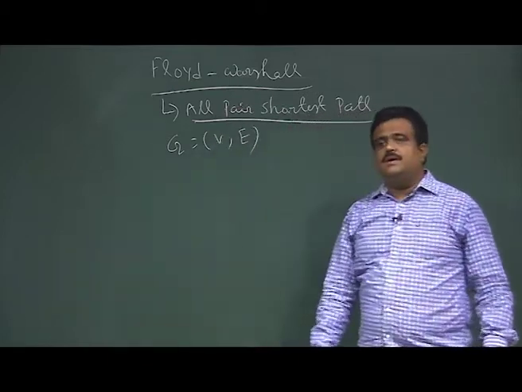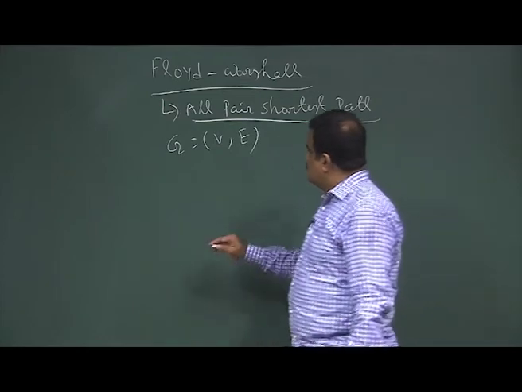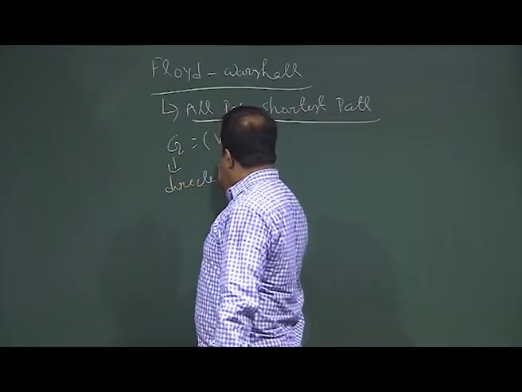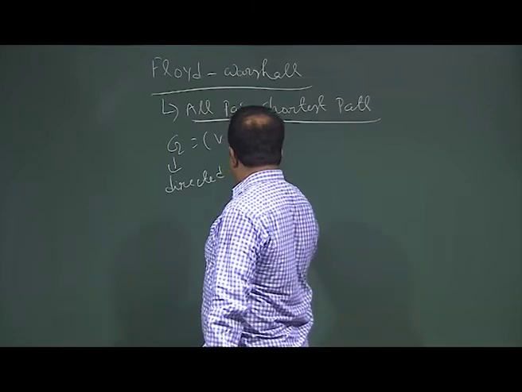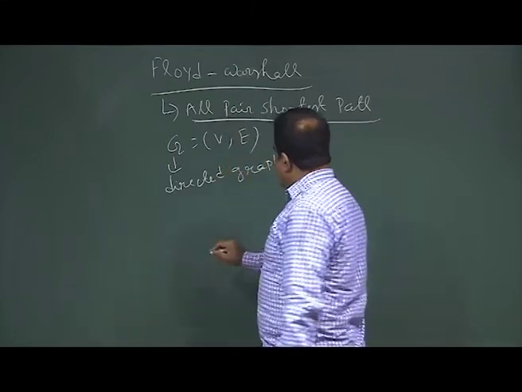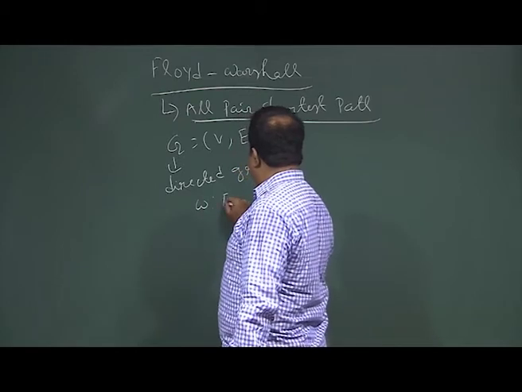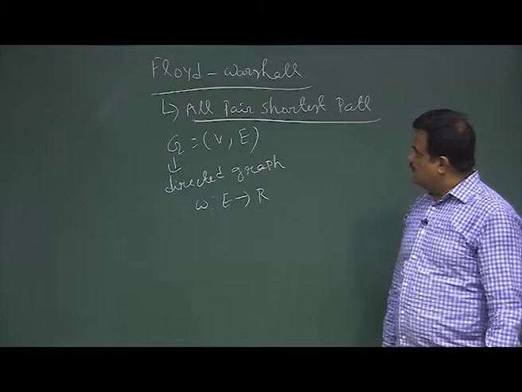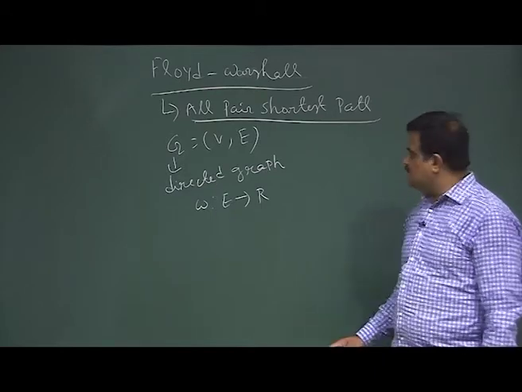Now we have seen, suppose we are given a graph G = (V, E). Now, this is a directed graph, and we have an edge weight function. Okay.